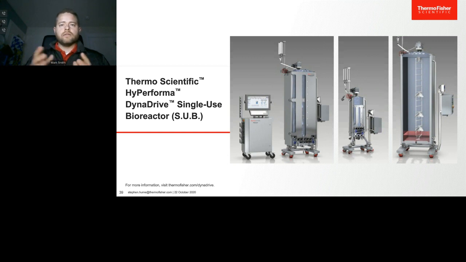And that ability really enables you to take away all the additional reactors in the seed train that would be necessary to obtain up to 5,000 liters. And that takes away consumables and cost, labor and connections. So a lot of things can be taken away by leveraging that turn down. So that's why, to me, the turn down on the DynaDrive plays a really exciting role in how we can make bioprocesses more streamlined and sustainable as we move into the future.